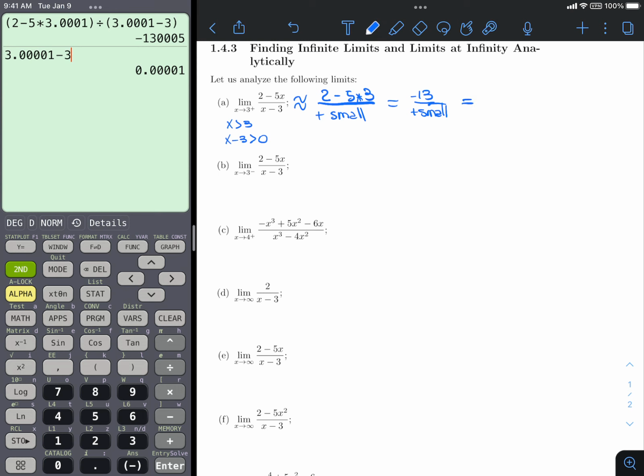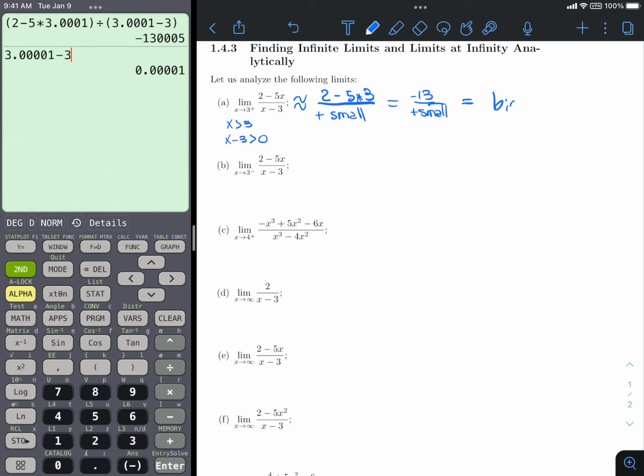So now I'm asking, is the answer of this going to be big or small? And we can think of it in terms of what the division operation means. We're asking, how many small things fit into 13? How many small things can I add before I reach 13? So that's going to be a lot of them because the things are small.